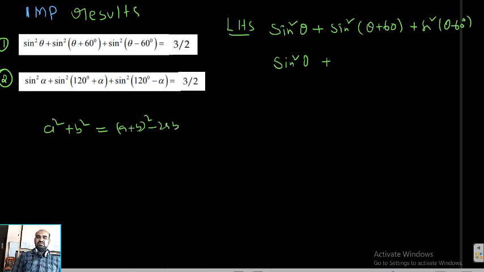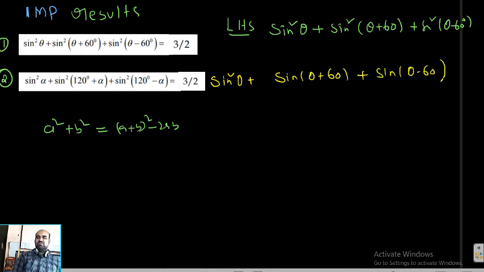So I will write sin square theta plus a plus b whole square, where a means this and b means this, minus 2ab, that is 2 sin of 60 plus theta into sin of 60 minus theta.